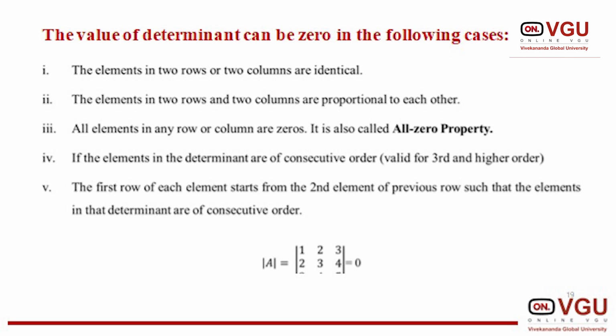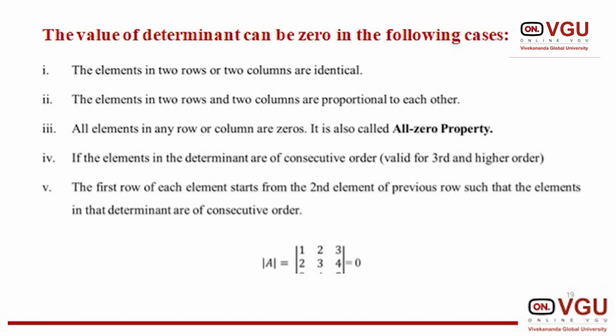Second, we have a square arrangement, a determinant in which the first row has elements 1, 2, 3. In the second row, we have 1, 2, 3. And the third row, we may have -1, 0, 1. These are the elements. Now you will see we have two rows, both are the same.